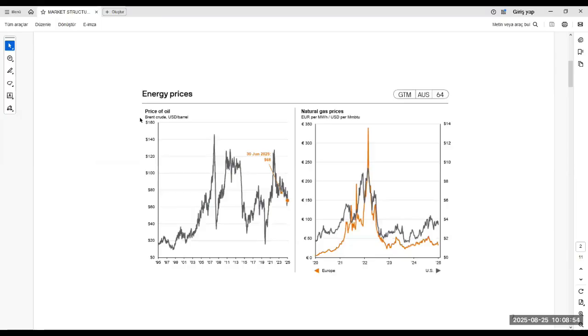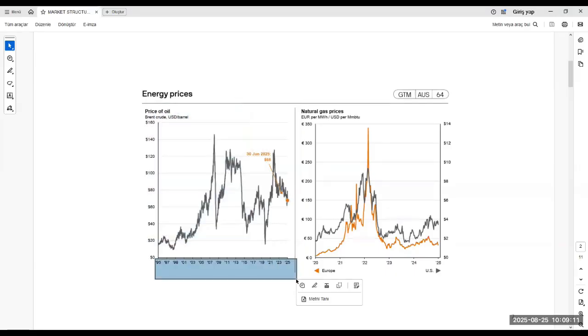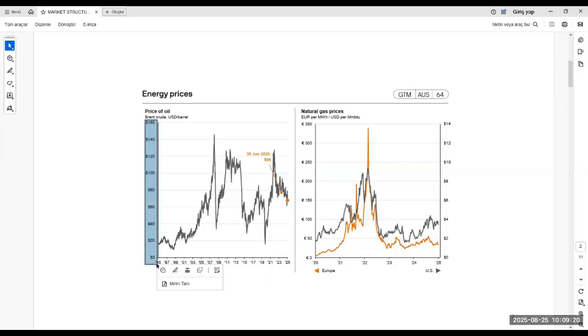Now, let's first focus on energy prices and the energy market outlook, what's happening there from the financial perspective. On the left-hand side in this chart, the time frame is from the 1990s till now, approximately 30 years. The y-axis is the Brent crude oil price in United States dollars per barrel.